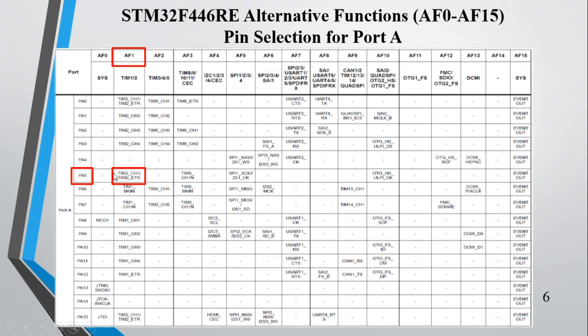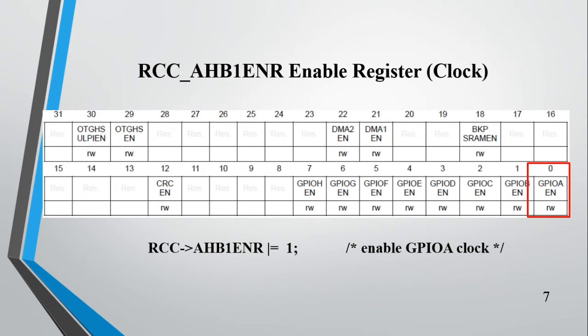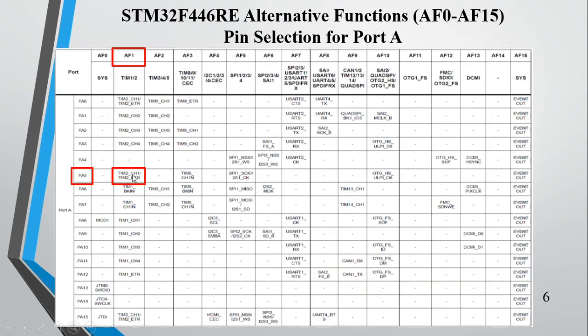So what will be the first step? In order to configure PA5 as alternate function 1, you need to configure the mode register with the alternate function mode. Right? But before configuring the mode register, you need to configure the clock to the particular GPIO peripheral. Why? Because timer 2 channel 1 is a functionality that will be configured on PA5.